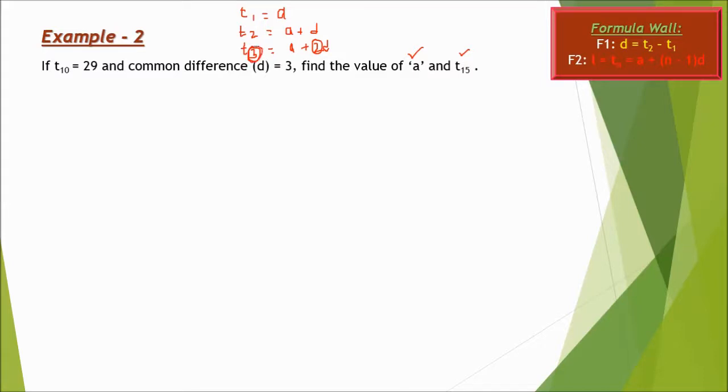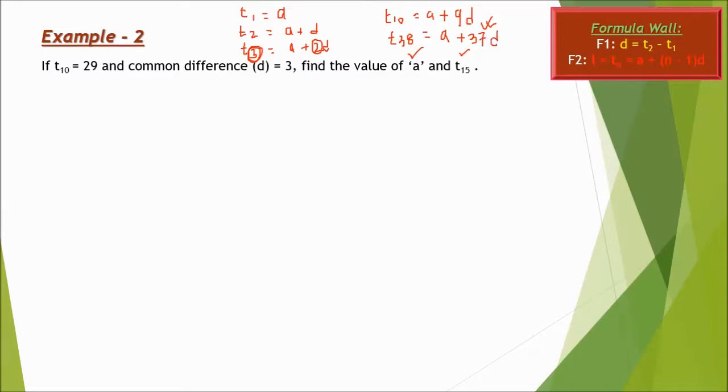So t10 is equal to a plus 9d. If we know this, then we can use it directly also. Now you can easily say t38 will be a plus 37d.